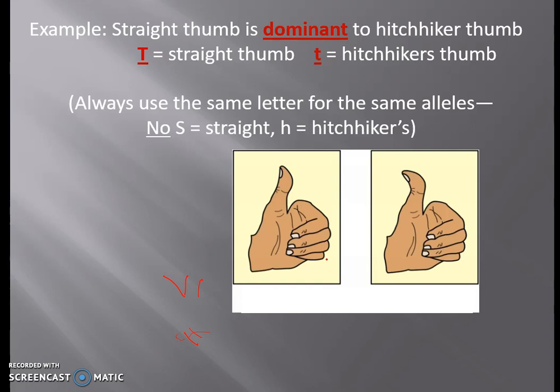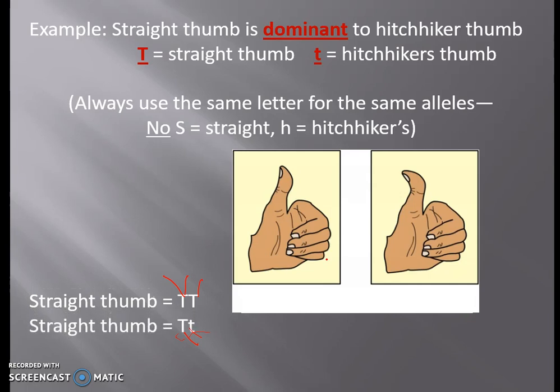One thing you always have to remember is that you have to use the same letter for the same alleles. So if you're talking about the hitchhiker and the straight thumb, for the straight thumb you cannot use S, and for hitchhiker you cannot use H. For both alleles you have to use the same letter. For dominant you use uppercase, and for recessive you use lowercase.